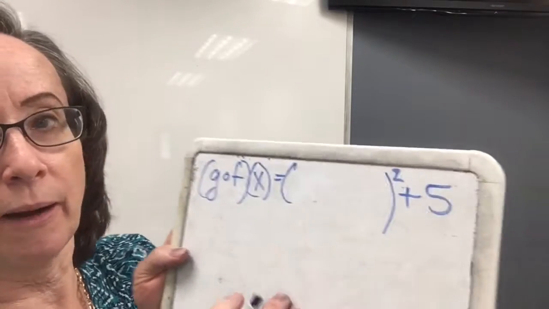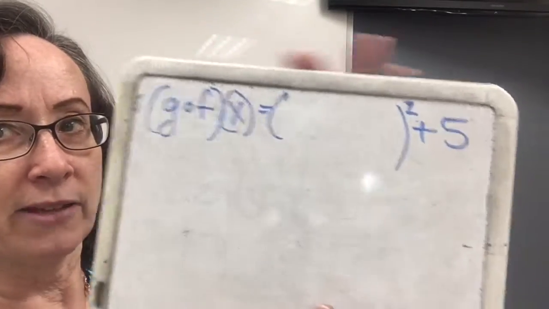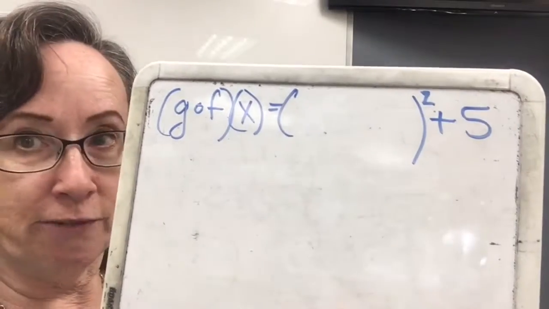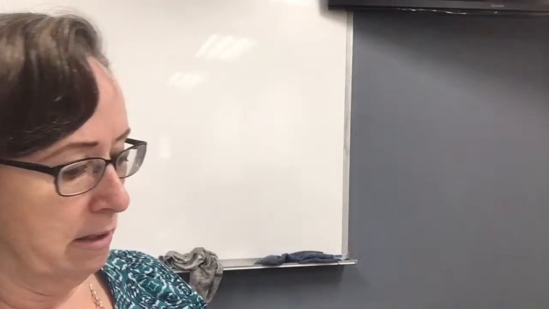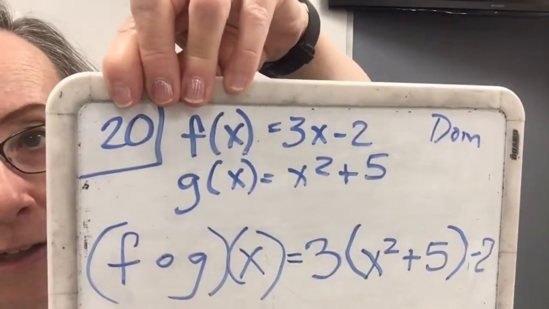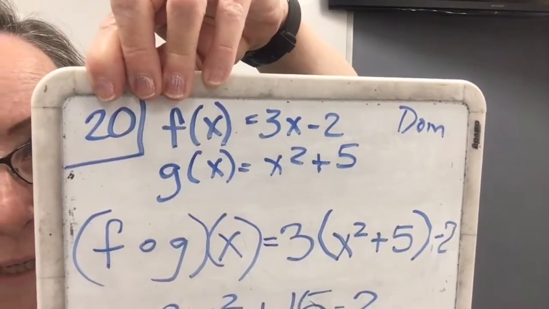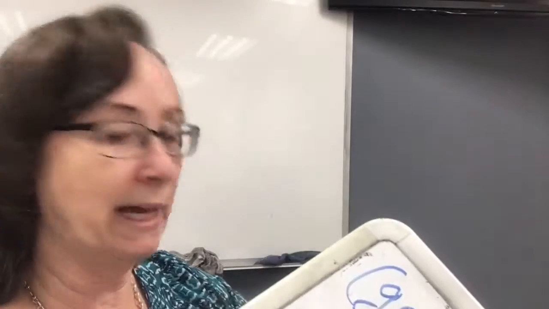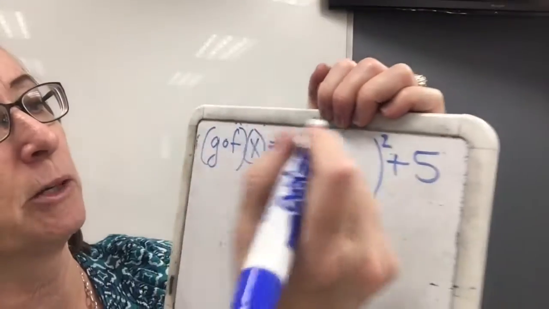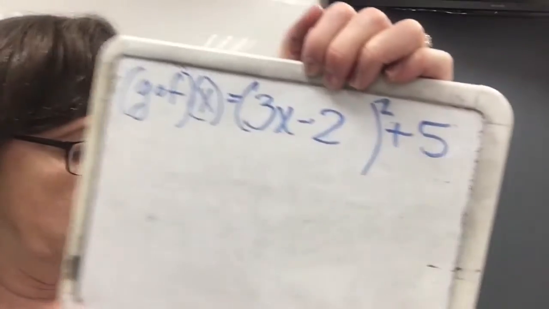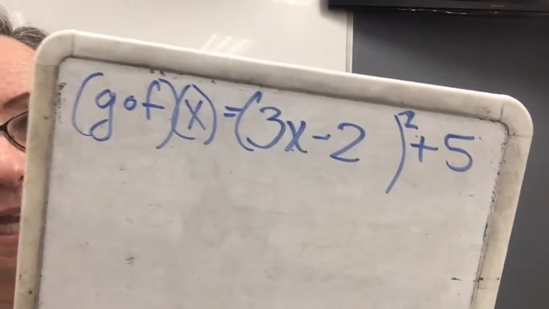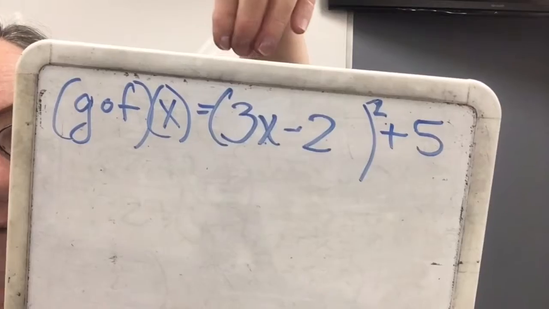I'm going to leave my square. So there's kind of the skeleton of my g function. And then into the g function, I'm going to put my f function, which is 3x minus 2. I'm reading upside down or backwards or something. 3x minus 2 is my x function that I'm going to slide into my g function.